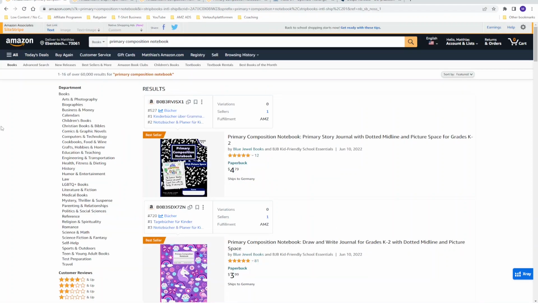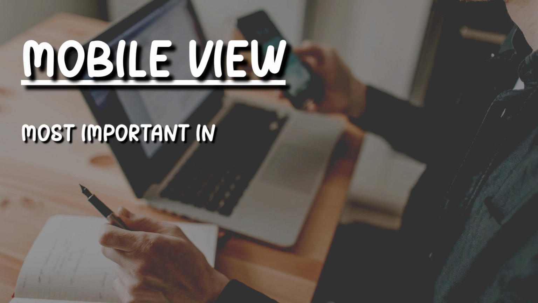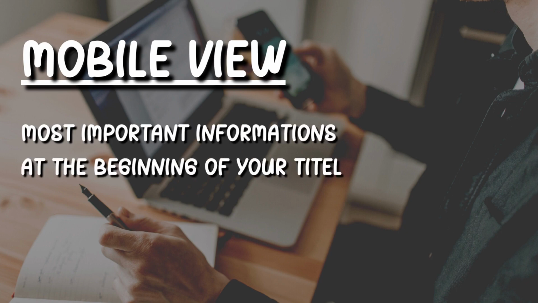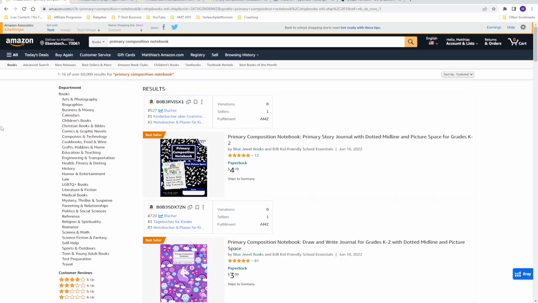So as I mentioned, make sure that the most important things and keywords are at the beginning of your title. Make sure that you are optimizing your title for desktop and mobile view, and make sure that the title fits in the different types of maximum characters.